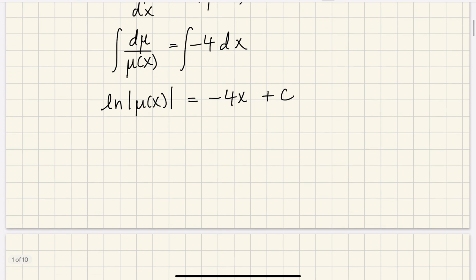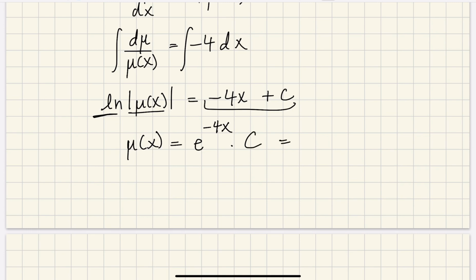Now if you want to get rid of this ln and solve for mu of x, you raise everything to the power of e. So you get mu of x is equal to e to the power negative 4x times c, equal to c e to the negative 4x.